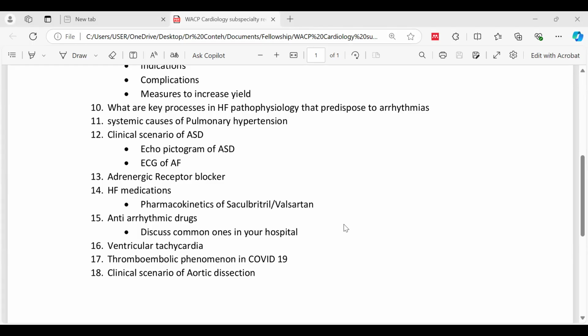Now, let me just go back to what I've said. One of the mechanisms, that's the mechanism by which heart failure causes arrhythmia.